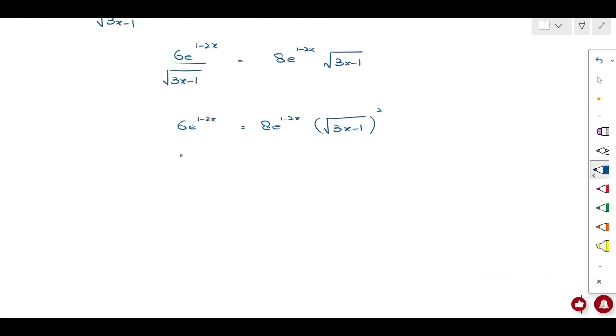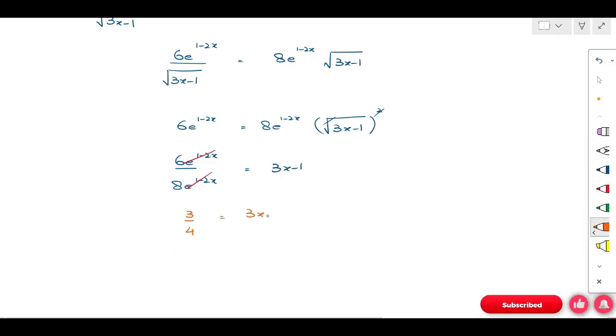So we can say 6 e^(1 minus 2x) divided by 8 e^(1 minus 2x) is equal to this term, and this square is cancelled out, 3x minus 1. So e^(1 minus 2x) is cancelled out. The simplified answer is 2 times 3 is 6, 2 times 4 is 8, that is equal to 3x minus 1.